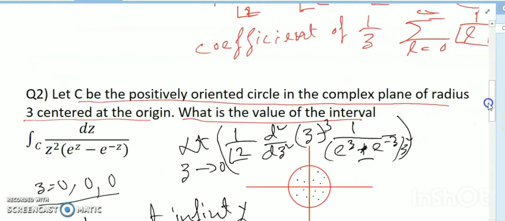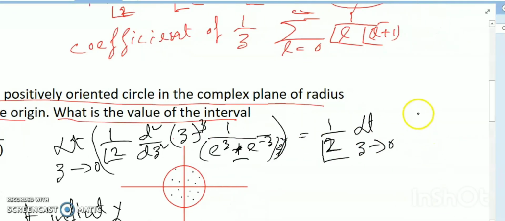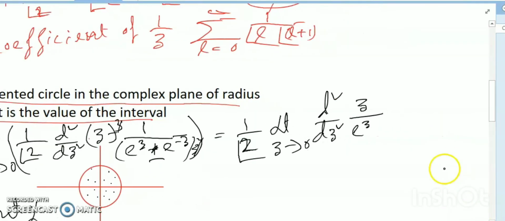So let me solve this way. If you solve it by the formula, you get 1 by 2 factorial, limit z tends to 0, of d square by dz square of z divided by e to the power z minus e to the power minus z, okay.